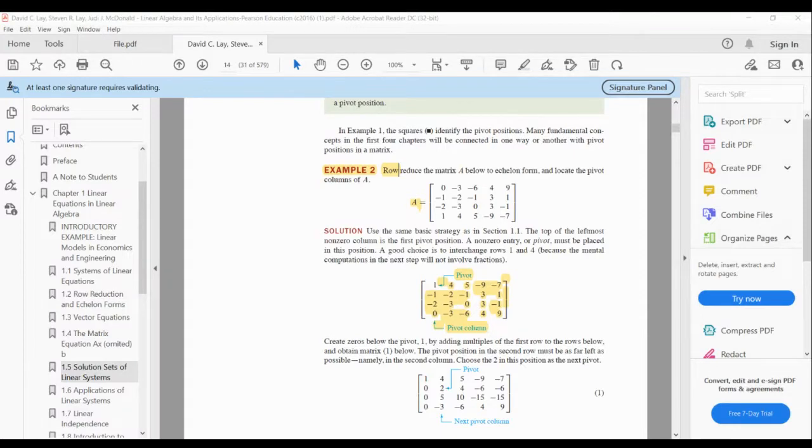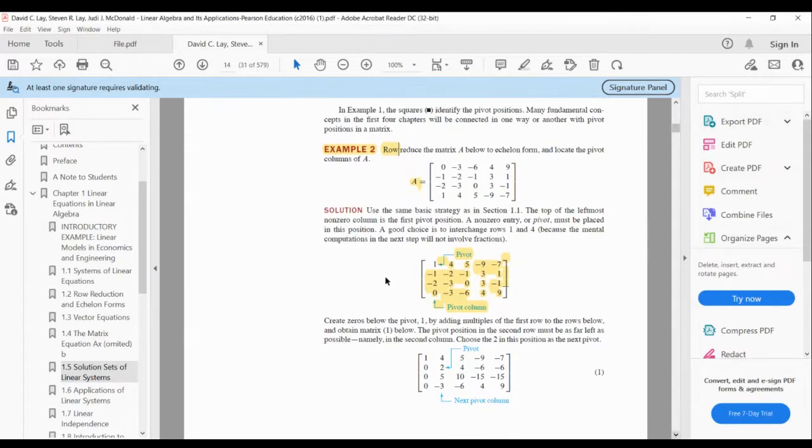Okay, so if we go down a little bit, let's look at this matrix here. You'll notice the second row in the highlighted yellow matrix has numbers 0, 2, 4, -6, -6.